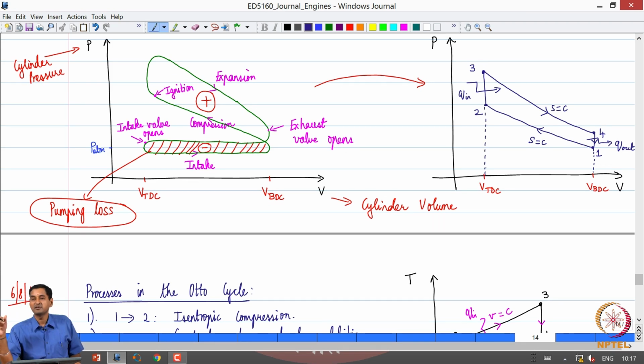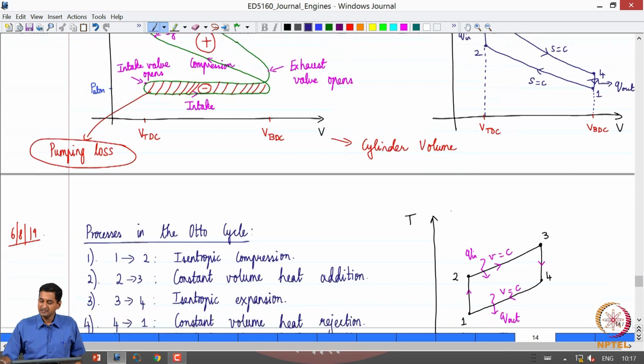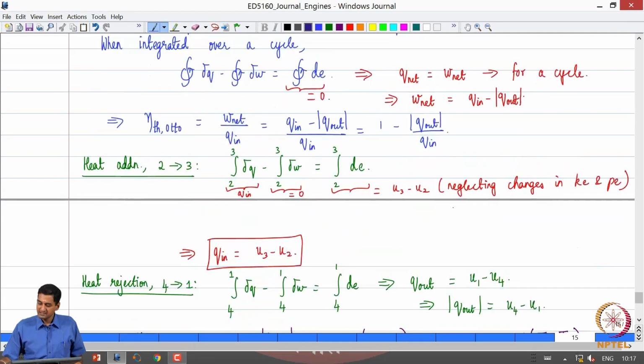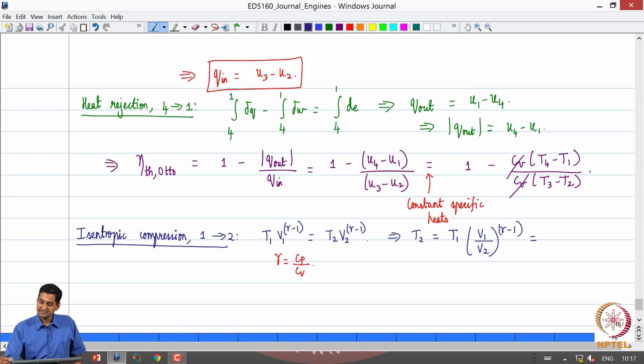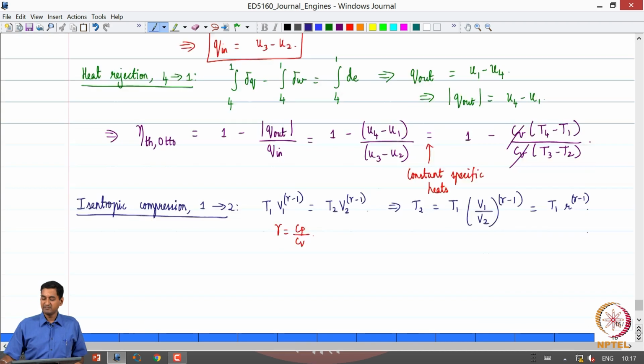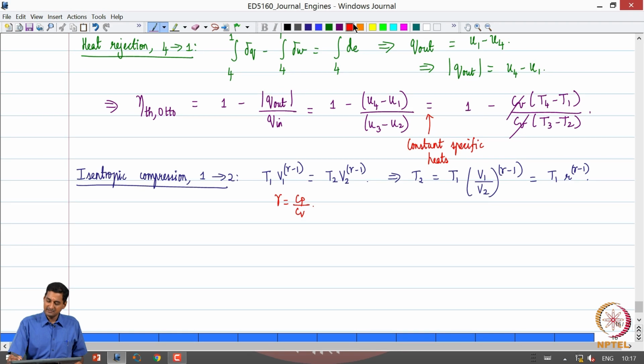So what is the ratio called? Compression ratio. That is the definition of compression ratio. Immediately we can see that T2 is equal to T1 R^(gamma minus 1), where R is nothing but V1 by V2. This is the compression ratio R.